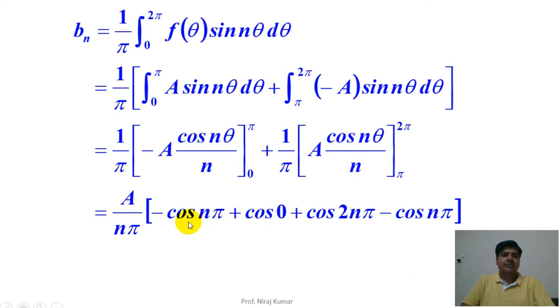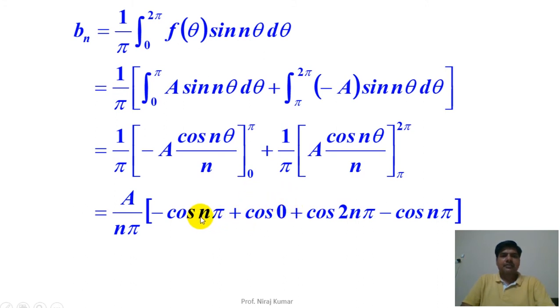So let us assume n is an odd number. If n is odd, cos n pi will have the value minus 1. So this is minus and minus 1, so it's plus 1. Cos 0 is always plus 1, and if you take any odd number here, it is multiplied by 2, so it's an even number. So this value is always plus 1 and this value is always plus 1.